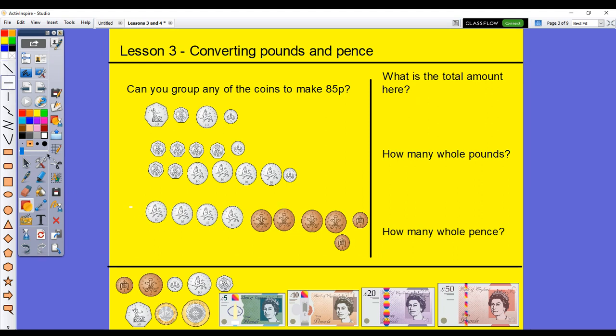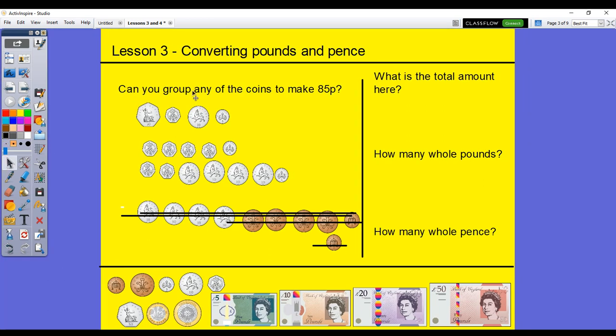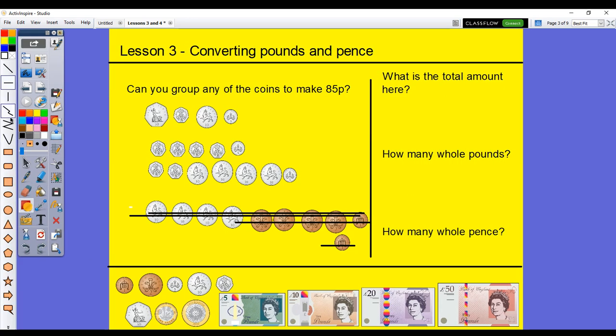I'm going to draw a black line through them to show that we don't need them, like we would do in school. Make a cross out, that's not going to work. So to answer our question, can you group any of the coins to make 85p? Yes, we've made 3 groups, haven't we? 3 clear groups. I'll just circle them to make them even clearer.